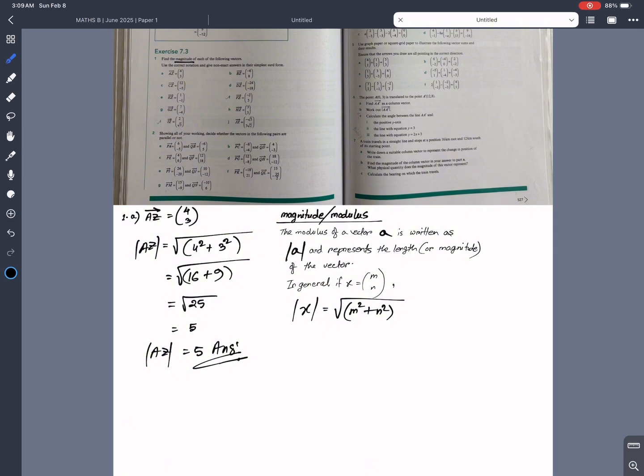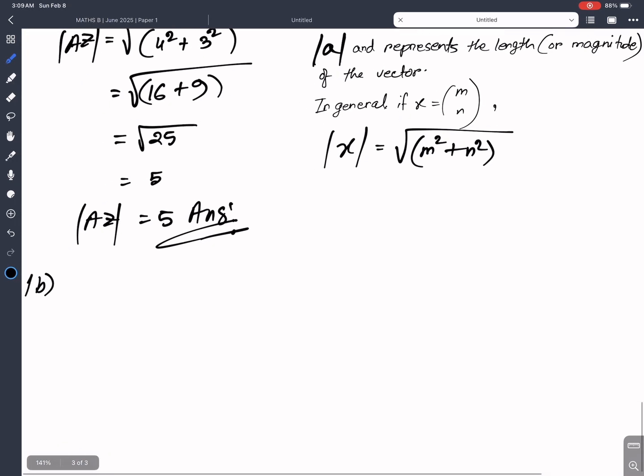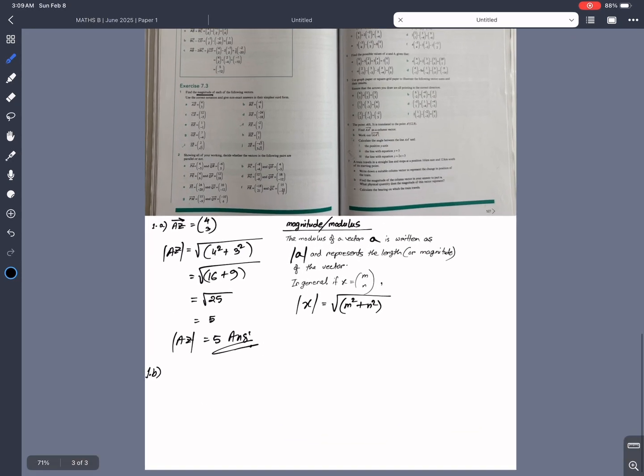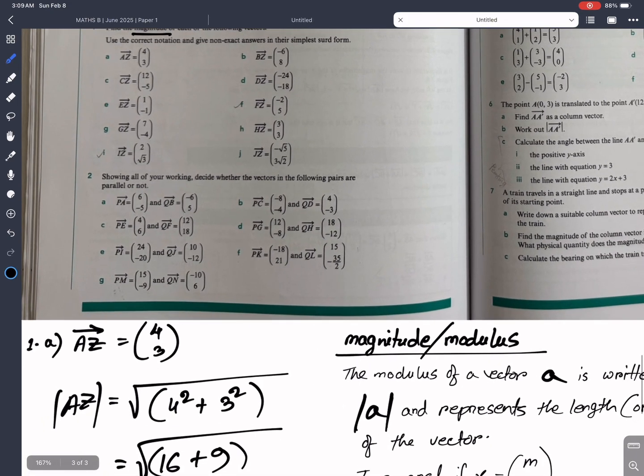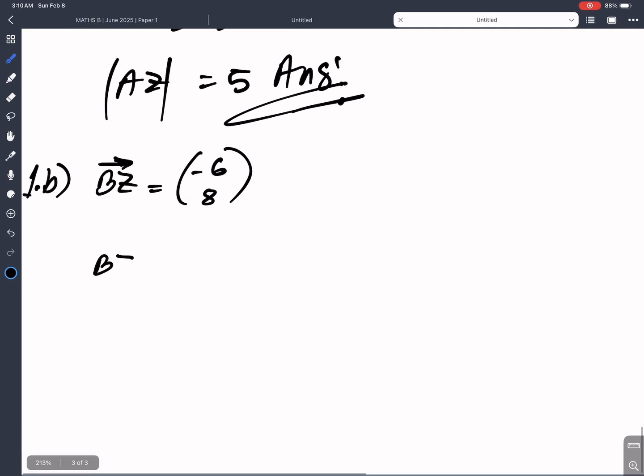Now let's do 1B. In 1B we have BZ, column vector (-6, 8). BZ, we always have to give the sign. So how do we find the magnitude or modulus? We give a root over -6 square plus 8 square.